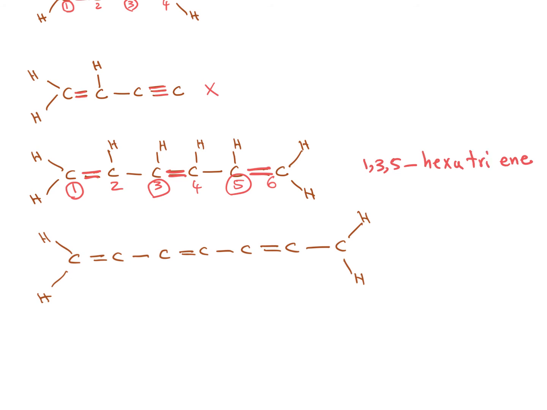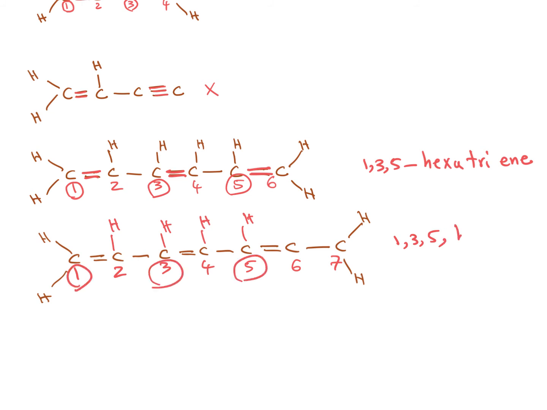So it would be 1,3,5-hexatriene. What about this one? This is exactly the same. I forgot these hydrogens here. So it would again be 1, 3, 5, but we have 7 carbons, so it would be heptatriene.